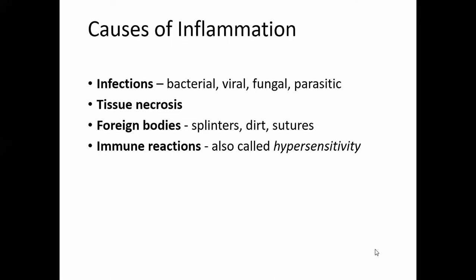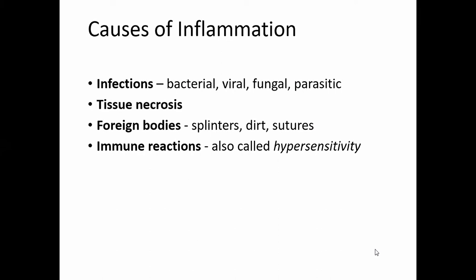In tissue necrosis, regardless of the cause of cell death, it elicits inflammation. Cells die because of ischemia, or reduced blood flow, which is usually the cause of myocardial infarction.